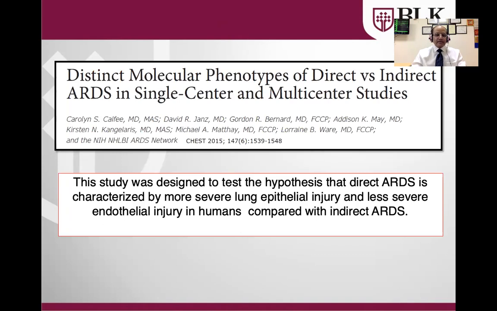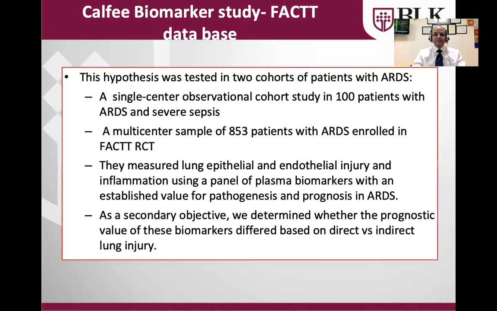Another paper, again by Calfee and her group, looked at molecular phenotypes, direct versus indirect ARDS, in single versus multi-center studies. They looked at two cohorts: a single center observational cohort of 100 patients with ARDS and severe sepsis, and a multi-center sample of ARDS patients enrolled in the FACTT trial.